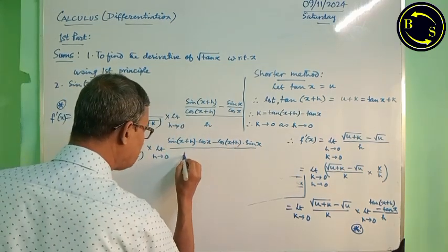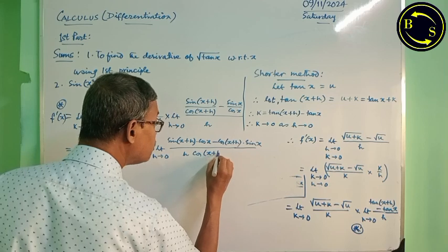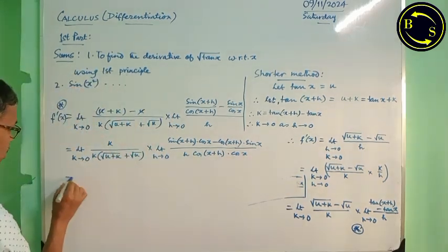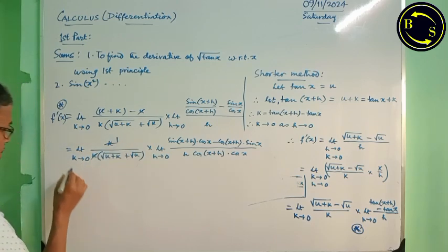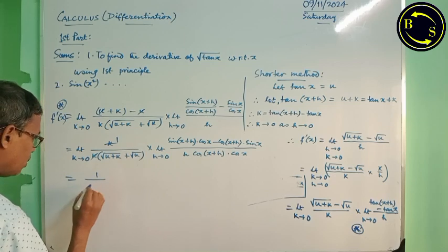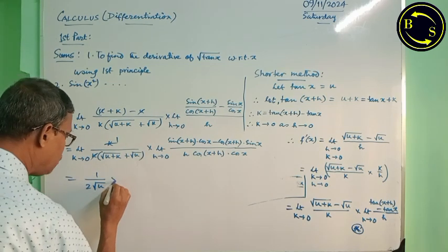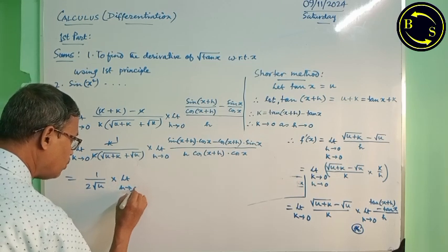Denominator will be h cos of x plus h into cos x. Now this k cancelled. Finally we put k equal to 0. We get 1 by 2 root over u into limit h tends to 0.